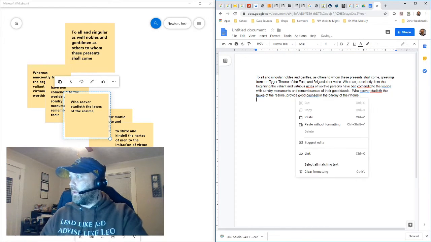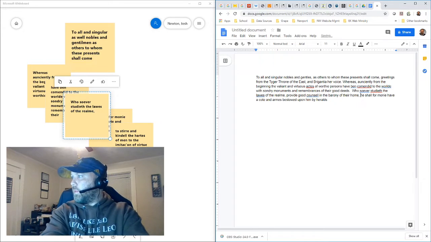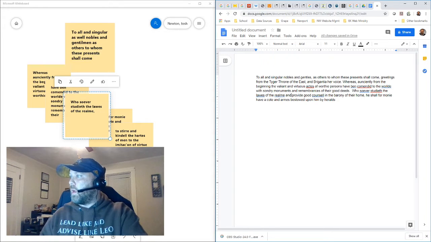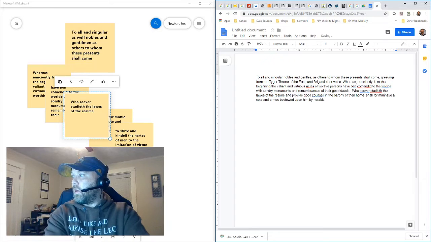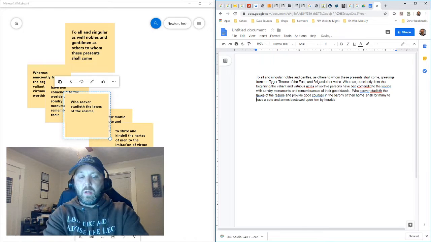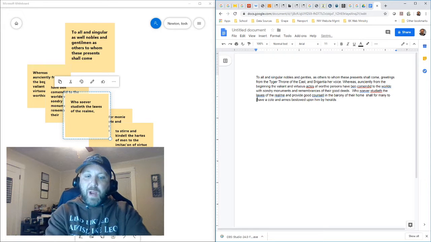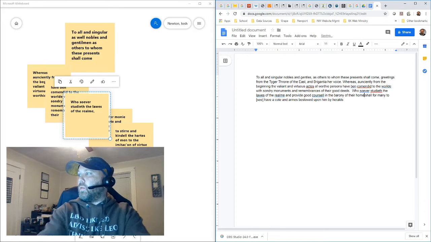Since this is only two, I'm going to make that an "and": "and provide good counsel in the barony of their home shall, for many to..." I'm going to put C in brackets here because I'm not sure I actually like that word. "Shall, for many to witness."